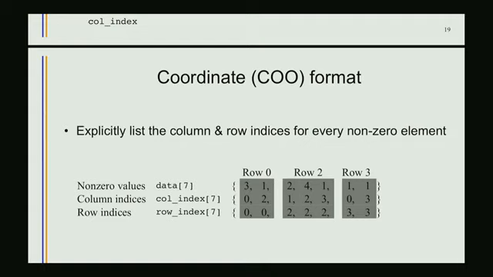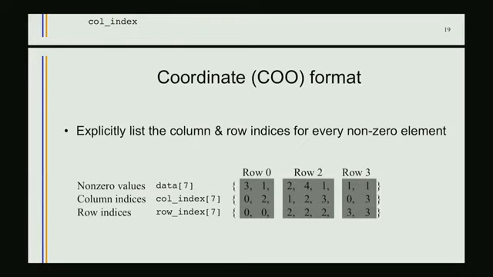Okay, and what we're going to store is the data. Again, I just store all the non-zeros. I will store a column index, like we were doing previously, but I will also store an explicit row index. So what I have is the data and the x and y coordinate.